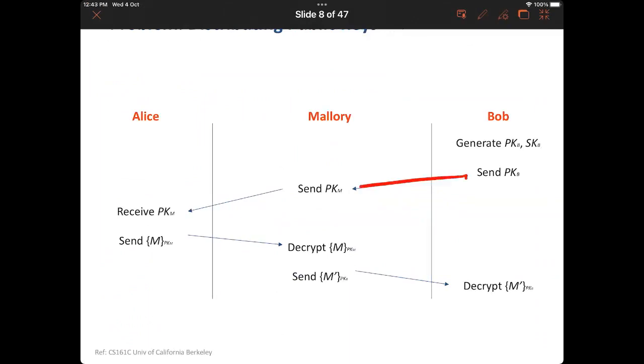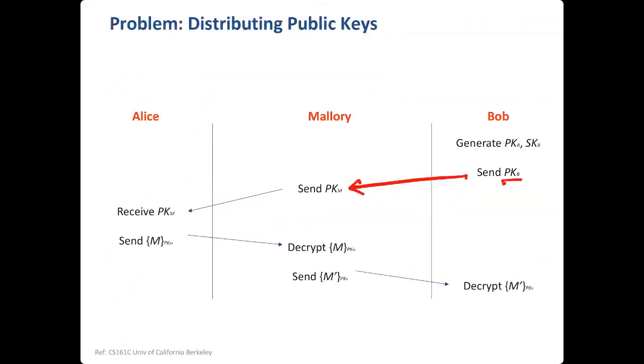She intercepts this public key of Bob, which we call PK Bob, and changes it to her own public key. Now Alice receives the public key of Mallory, and she doesn't even know that this key is coming from Mallory. She encrypts this message using Mallory's public key, thinking that she is using Bob's public key.